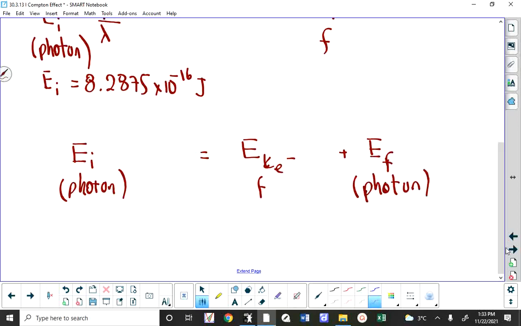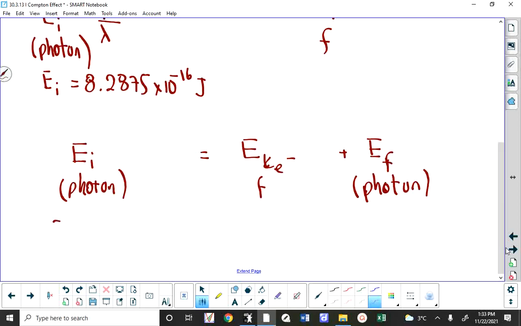And I don't even know that that's, if we had written response questions on exams, I'd really stress this, but I don't even know that that's a big deal to write that down. To me, it makes sense that the photon's energy will be the difference between those two energies we found.